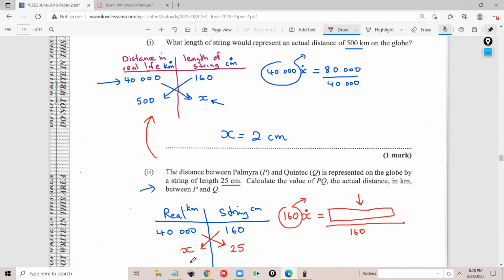When you cross multiply, 160 by x is 160x, 40,000 by 25, I think that's a million, if I'm not mistaken. Right, so what I did, the 160s are multiplied, so I throw it across, I get a divide, I solve for x, and then I get 6250 kilometers.